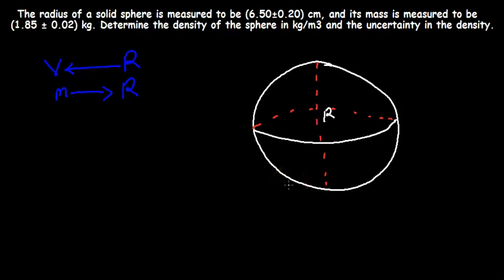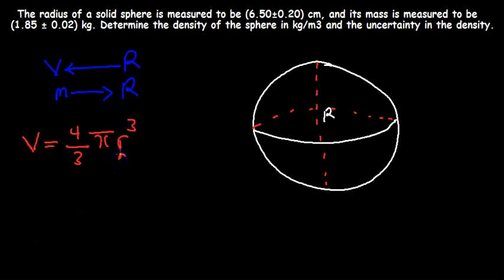So, first thing which I need you to understand, there are three formulas which are very important in order for us to solve this problem. The first formula is finding the volume, which is denoted by capital letter V. Volume is simply going to be 4 divided by 3 pi r cube.